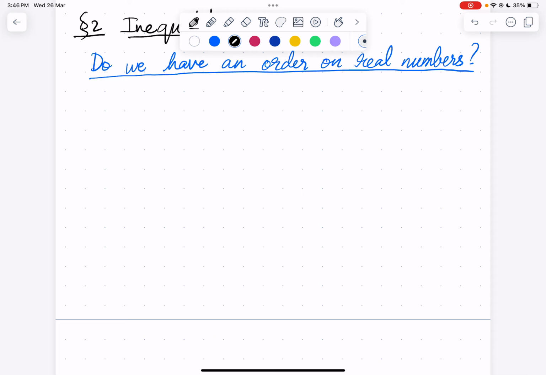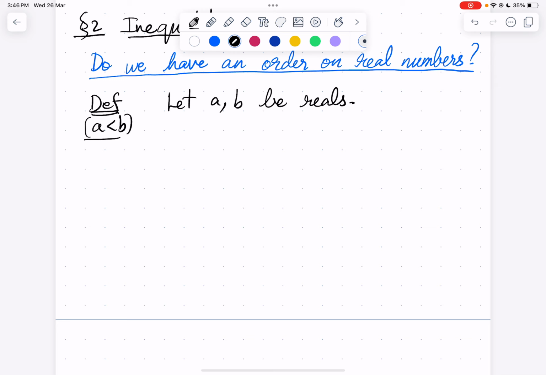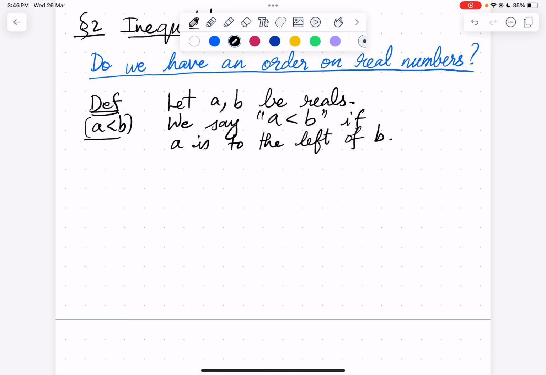So definition, we do have an order. Let A, B be reals. We say A is less than B if A is to the left of B. Right?